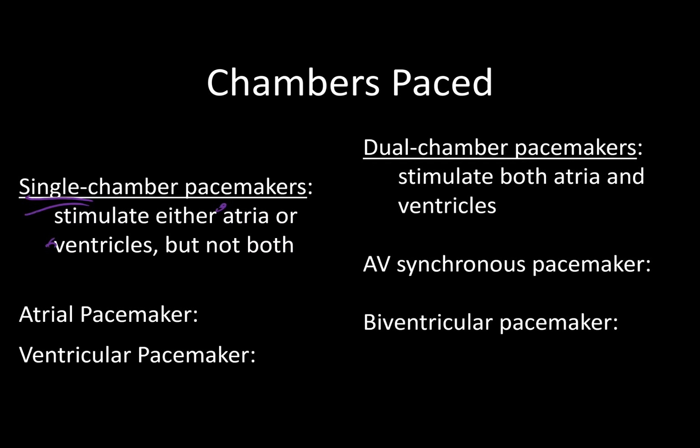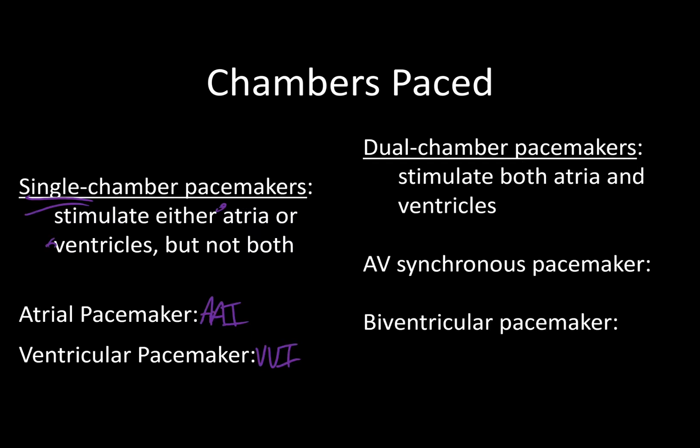And so the way those would be classified might be something like AAI, where it senses the atria, paces the atria, and inhibits if the patient manages to produce their own native rhythm. Another version of that would be something like VVI, which is those temporary pacemakers, sense the ventricle, pace the ventricle, but inhibit if the patient manages to kick something out.